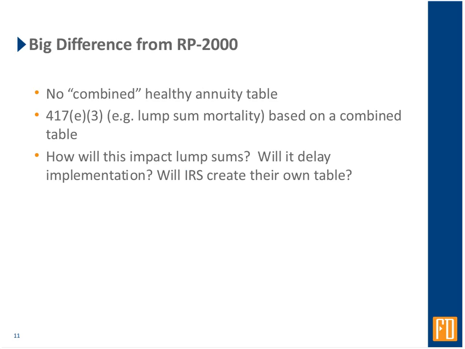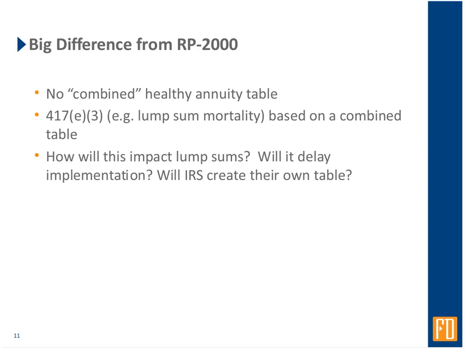One of the other differences from the RP2000 table is the Society of Actuaries did not provide a combined healthy annuity table. If you're a plan sponsor that has less than 500 participants, you are able to use this simplified table that doesn't break out the mortality rates into annuitants and non-annuitants.